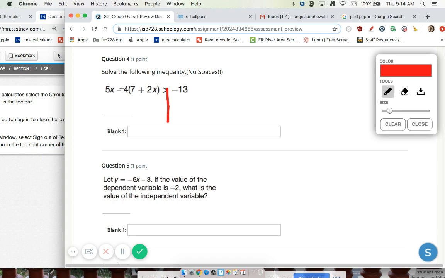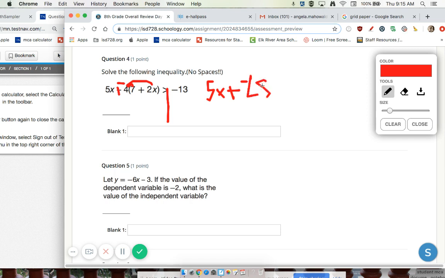This is one where I can guarantee I'm going to have to flip. Yeah, I'm definitely going to have to flip, so I'm going to make my inequality a less than. And be careful when you distribute because you're distributing a negative 4. So you distribute first. It's going to be 5x plus, now I'm going to distribute, negative 4 times 7 is a negative 28.